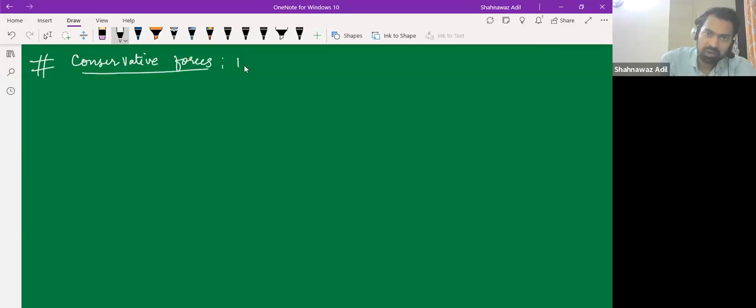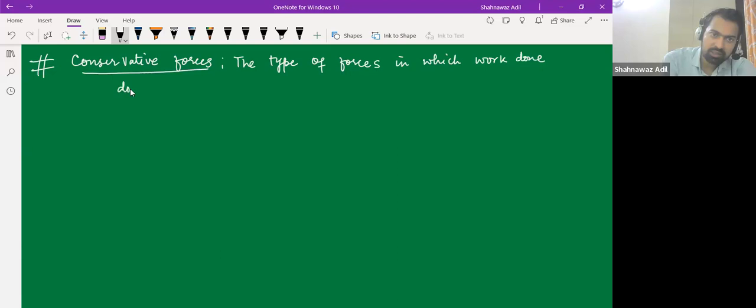The type of forces in which work done doesn't depend on path, which means that it is path independent.